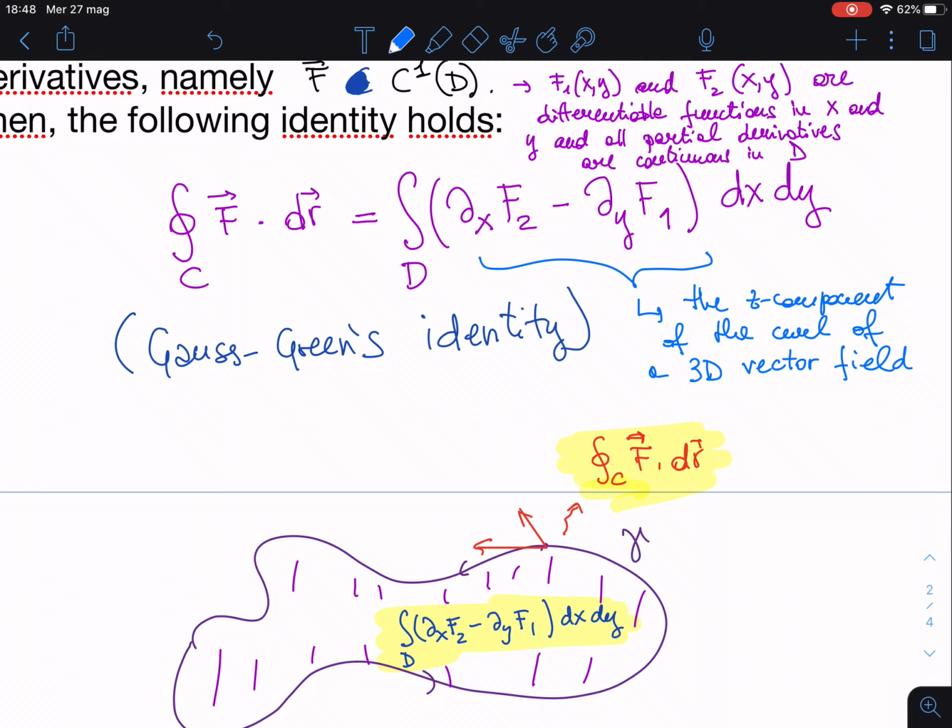Okay, the structure was the same. Some non-diagonal derivatives, let me say so, and the difference between these two sort of non-diagonal derivatives. And this will be the basis of the generalization to the Stokes theorem.